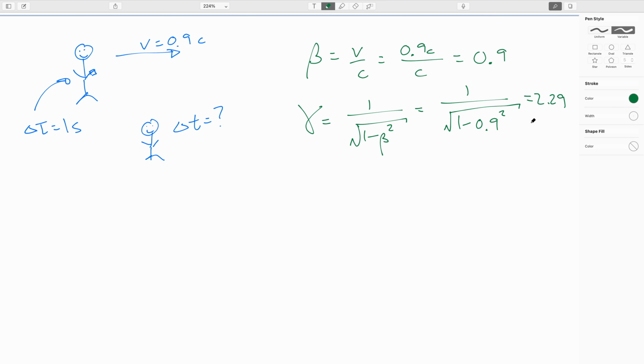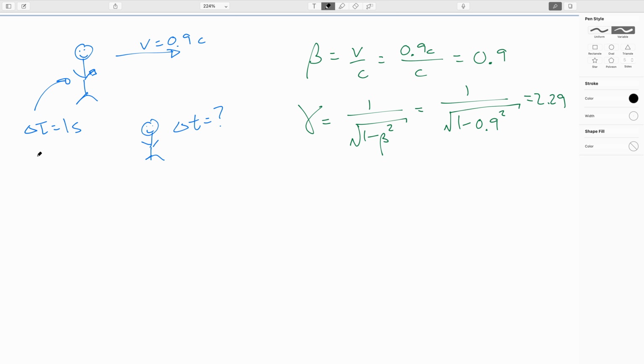So now using your mnemonic of moving clocks run slow, really the way most physicists do this is they then say to themselves, all right, do I multiply or divide by gamma? Since you would see the events of the ticks of the watch happening more slowly than the owner of the watch, you would say that more time elapsed.